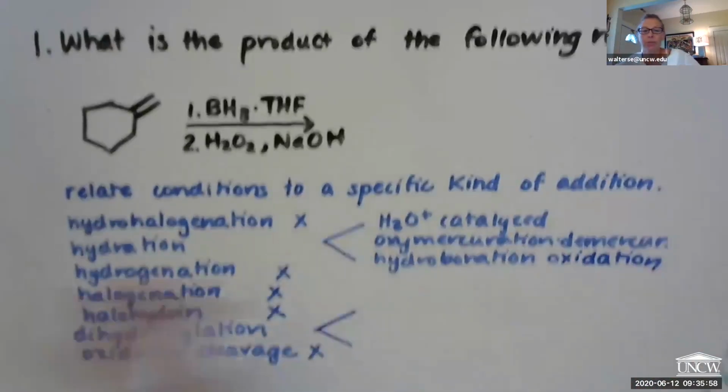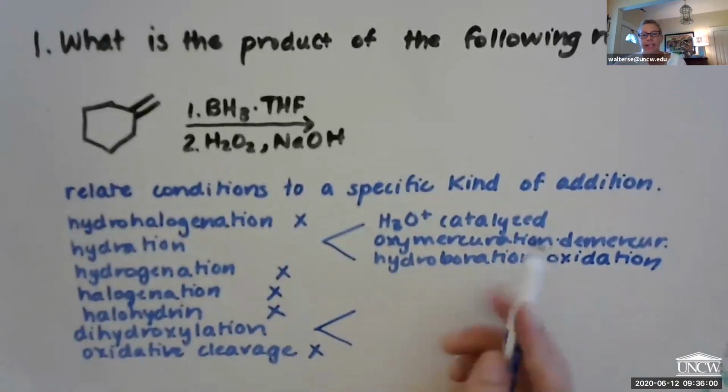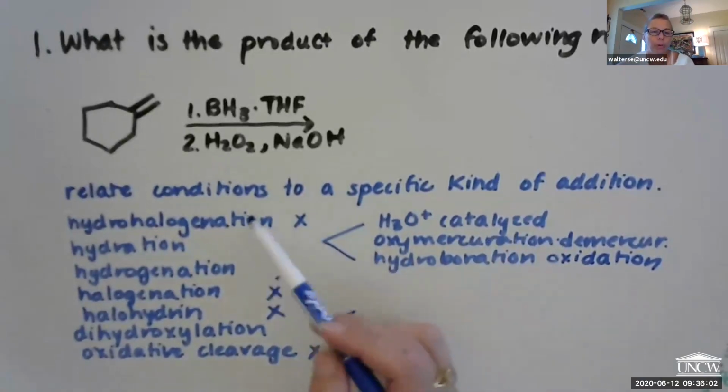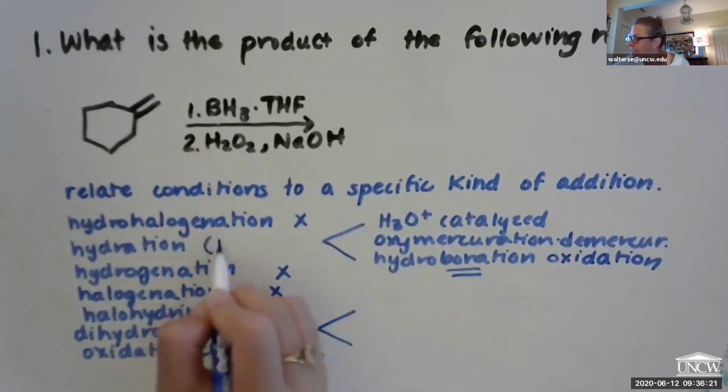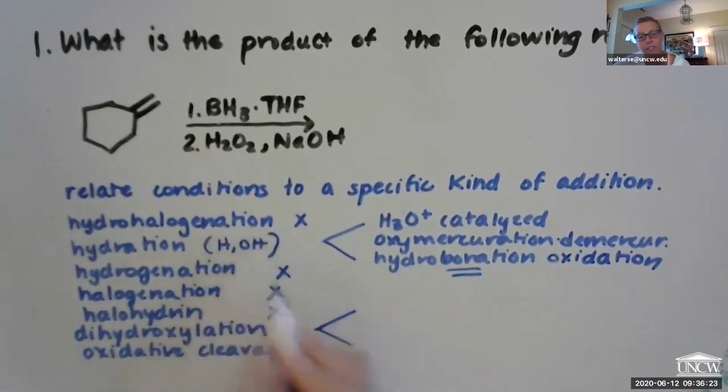And the reason to go through this analysis is that if you know these names and you know what they mean and you know which reactions belong in them, now you have a boron and you have a hydroboration reaction. So this name is telling you you're using boron. Hydration is an HOH addition.